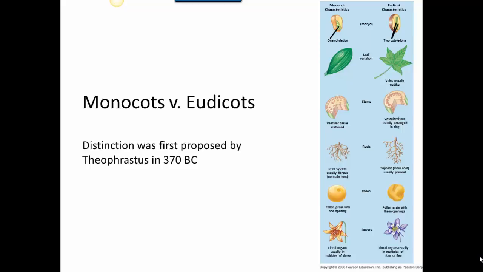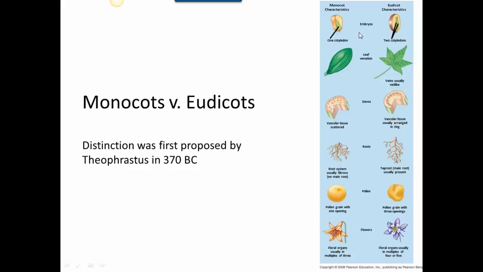We used to use the term dicots to describe plants that had 2 cotyledons, but some of the basal angiosperms got lumped in to that group, the dicots, and they didn't really have all of those dicot characteristics. They had some characteristics of a large group of plants called the monocots.